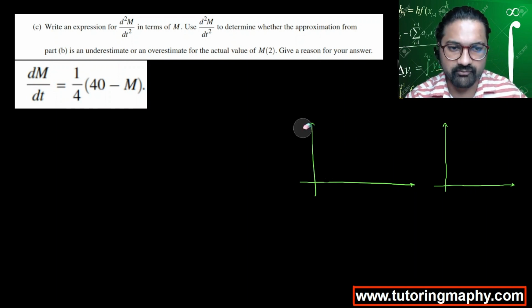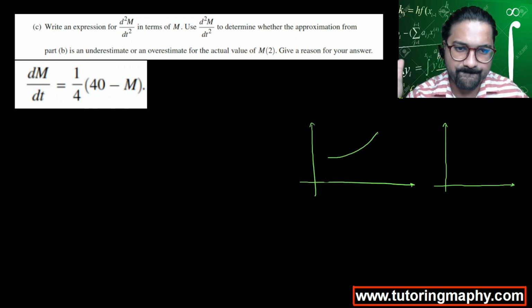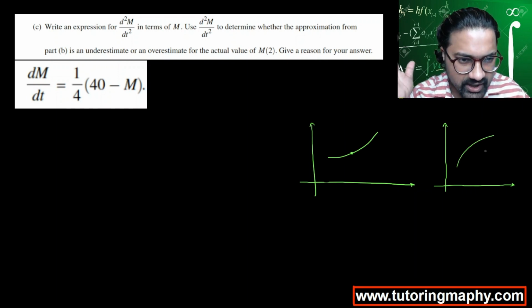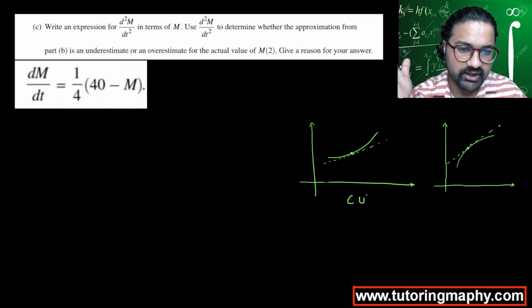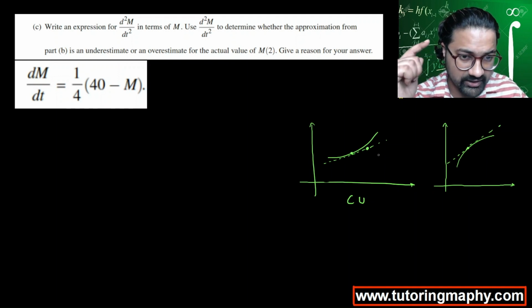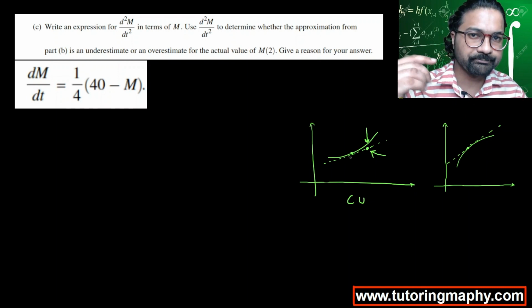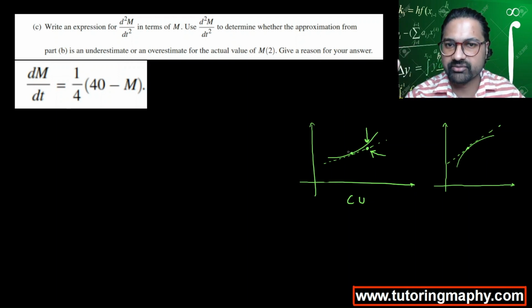Let me make concave up first, like this or like this. So let's say you're drawing a tangent at some point, and it's intuitive that if you draw a tangent at a point where the function is concave up, obviously the value at the tangent is here and the actual value is here. So you are underestimating, right?